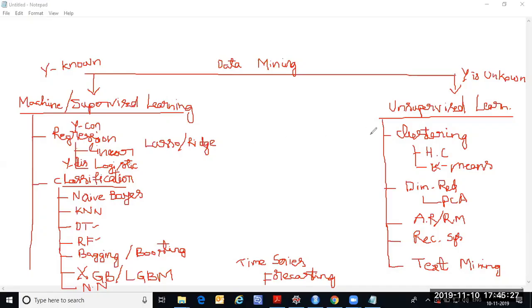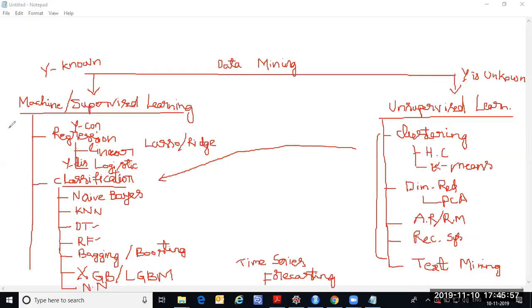After which, we'll get into clustering and complete all the unsupervised learning. After that, we'll come back to supervised learning and start with the classification techniques. We will discuss lasso and ridge regression, and after that, we'll start with the classification. Once we are done with this, finally, we will discuss time series forecast.